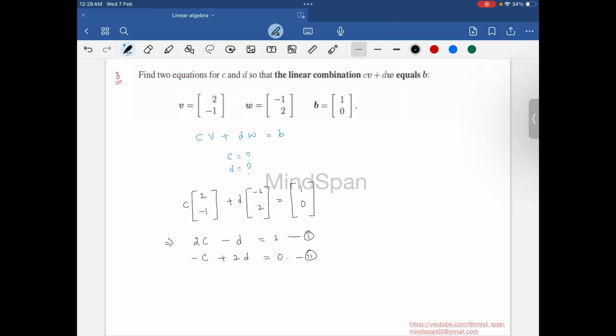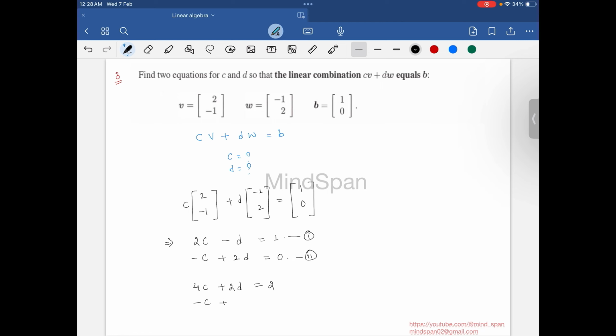So what we can do, we can multiply the second equation by 2, or you can multiply the first equation by 2, so you will have 2d equals 2 in the second equation.